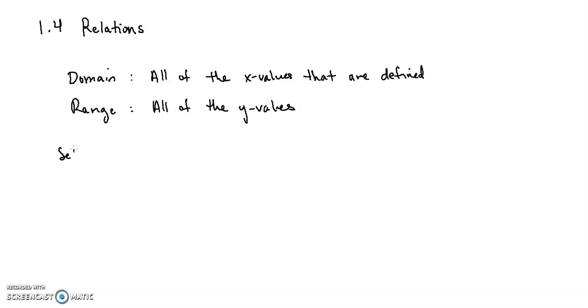Let's say we have a set of points. Let's say we have (1, 2), let's make it easy, (3, 4), sorry, my pen jumps a little sometimes, (5, 6).